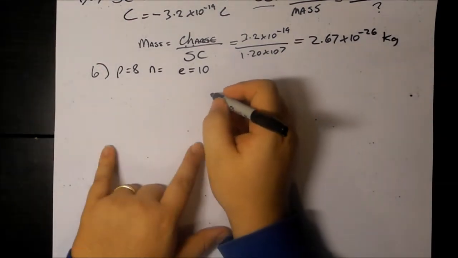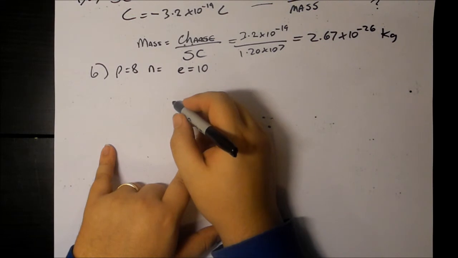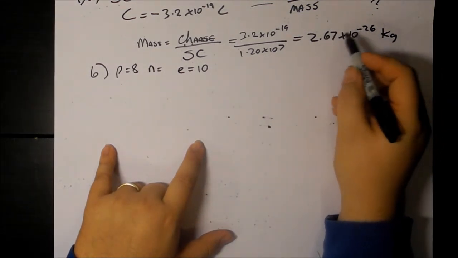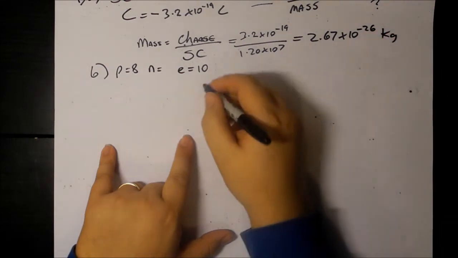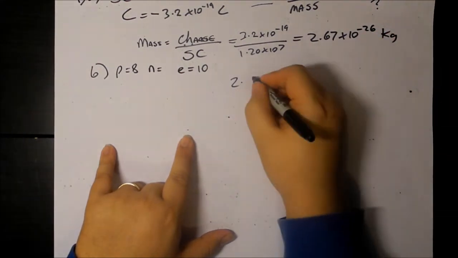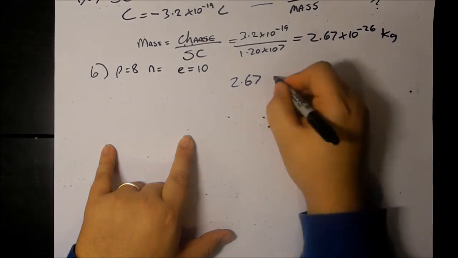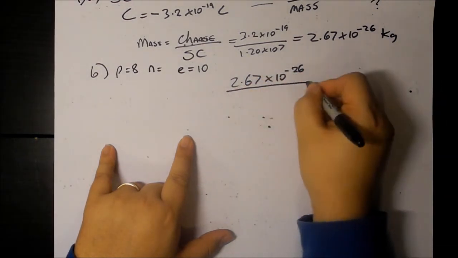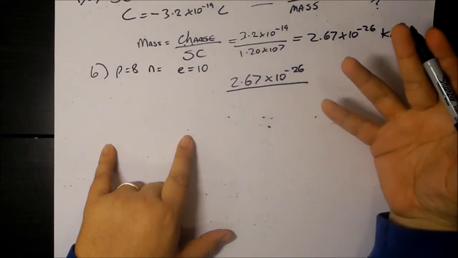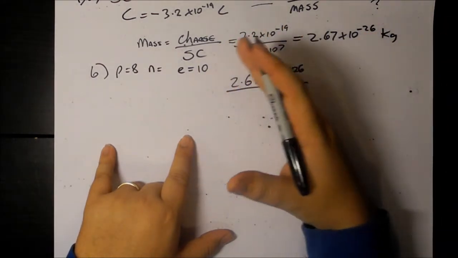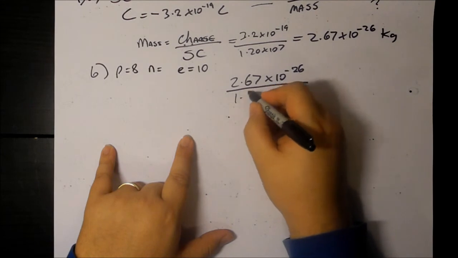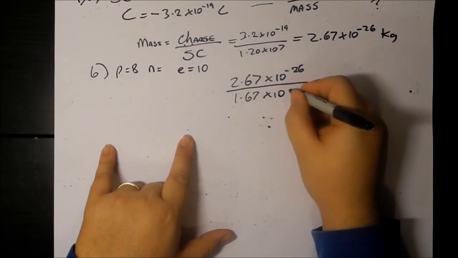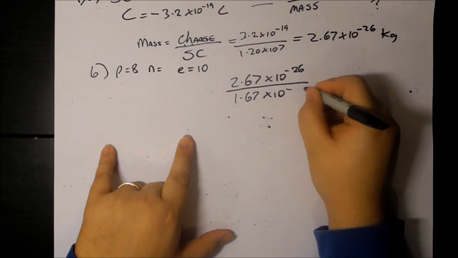So, if we want to work out how many there are, we need to divide by what 1 is. So we could say 2.67 times 10 to the minus 26, and divide that by the value of what 1 nucleon is, 1.67 times 10 to the minus 27, and that should tell us how many nucleons make up that value.